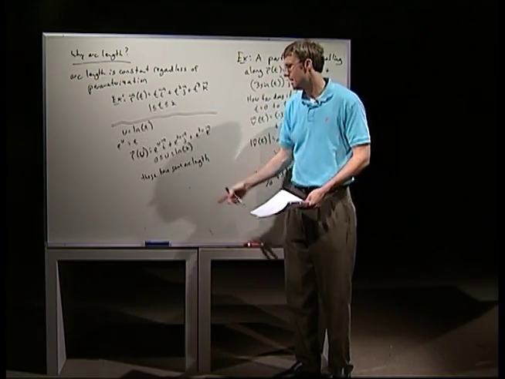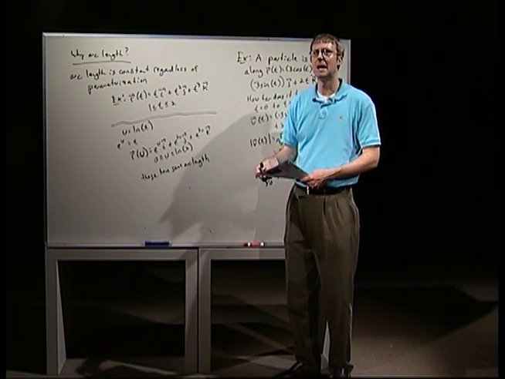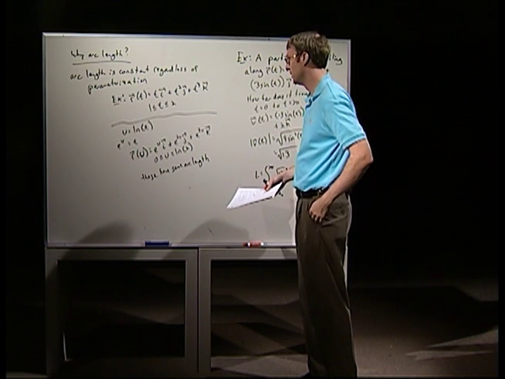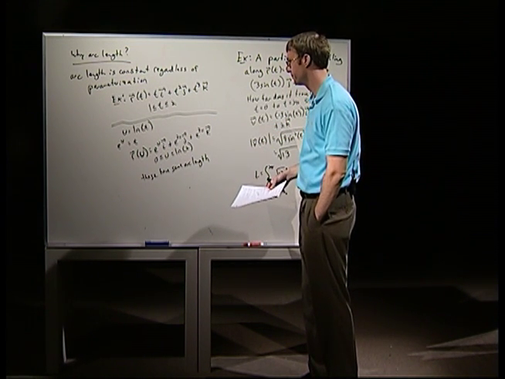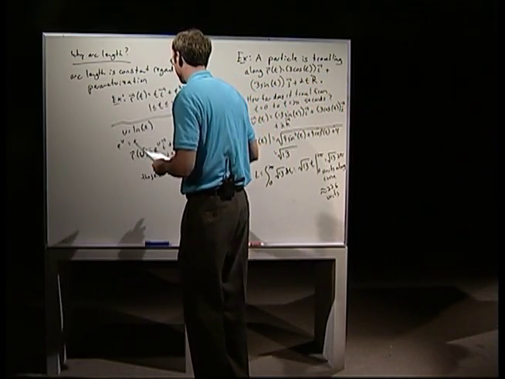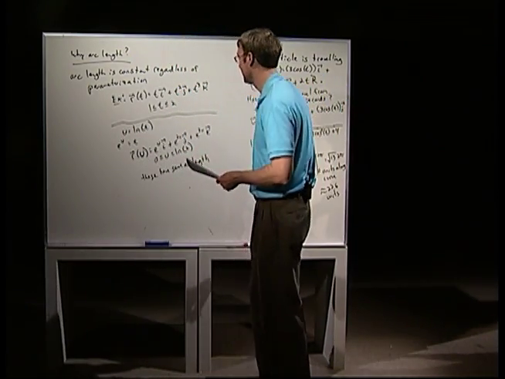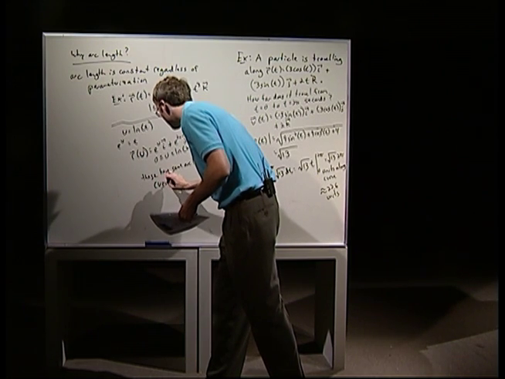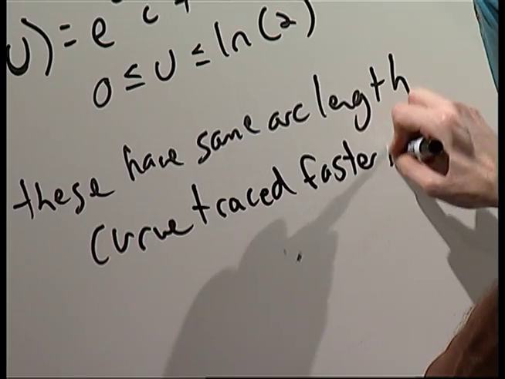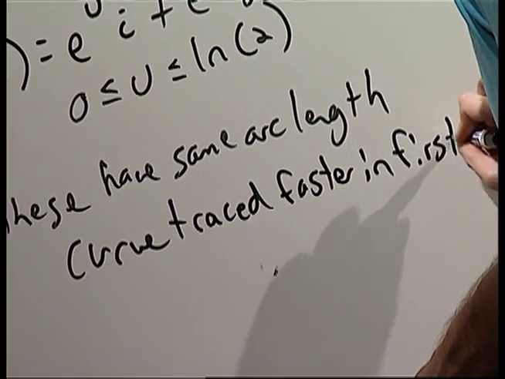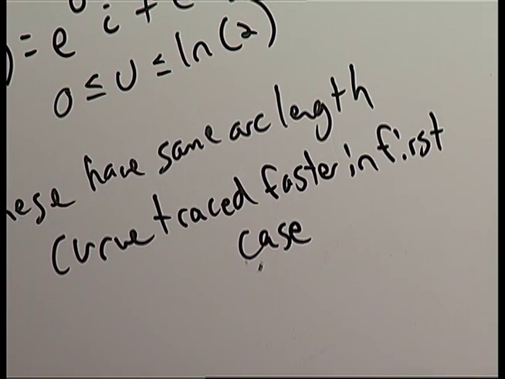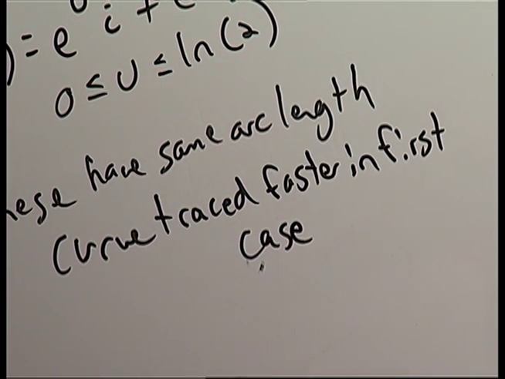This one takes natural log of 2 time units to trace. So the curve is traced faster in the first case, but they have the same arc length.